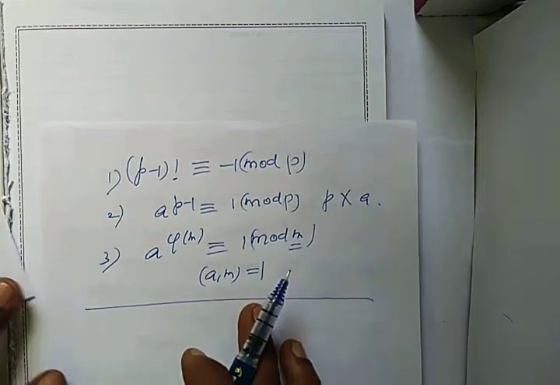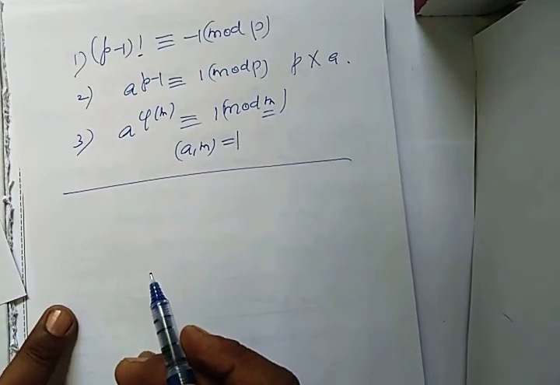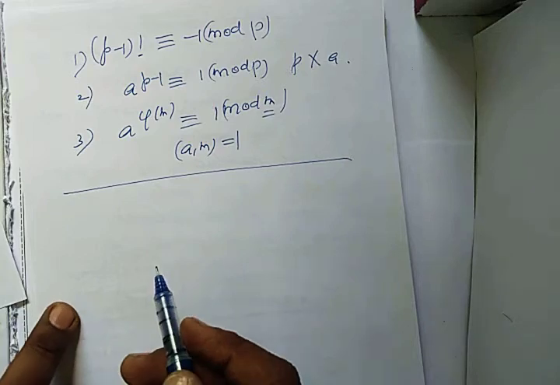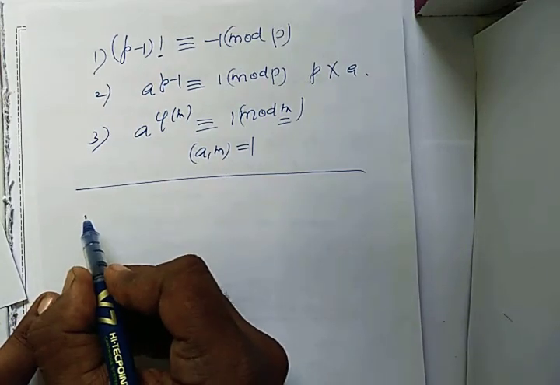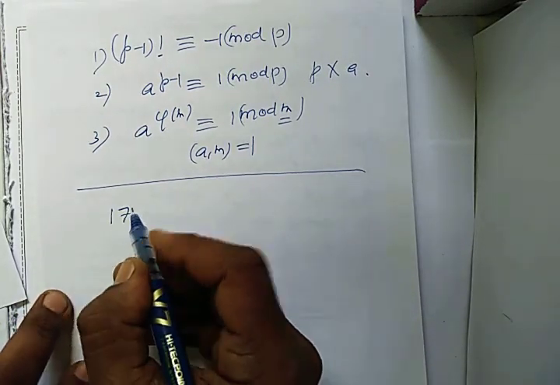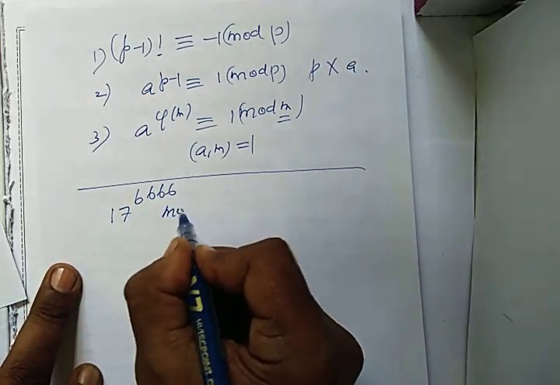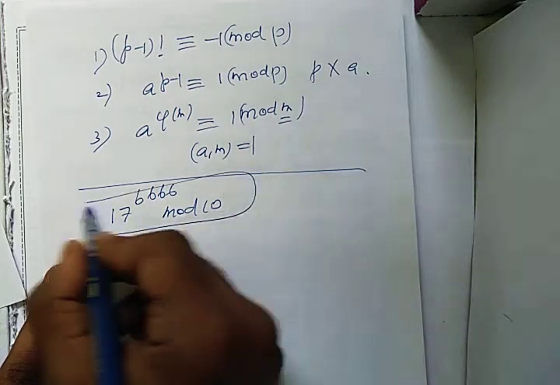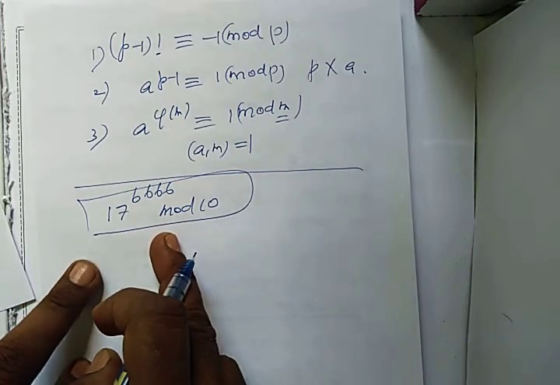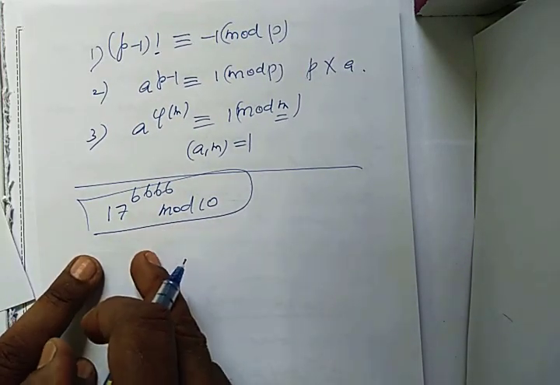Even suppose you try to solve this problem: find the last digit of this number. Find this one. It is a 2-step problem only. Try to find it yourself.